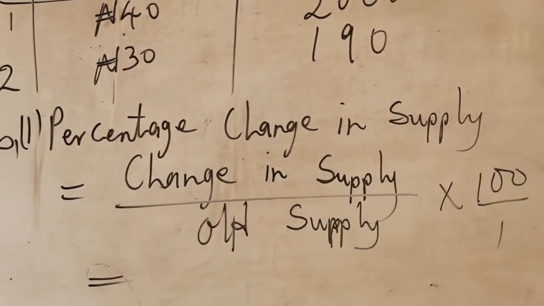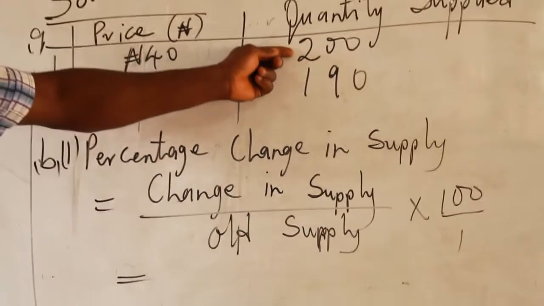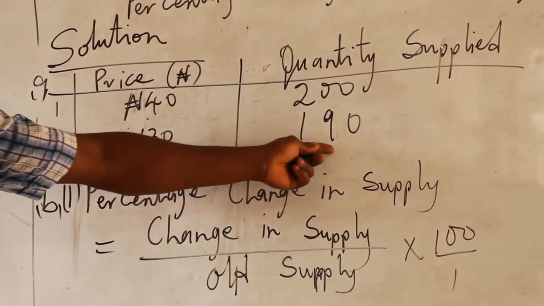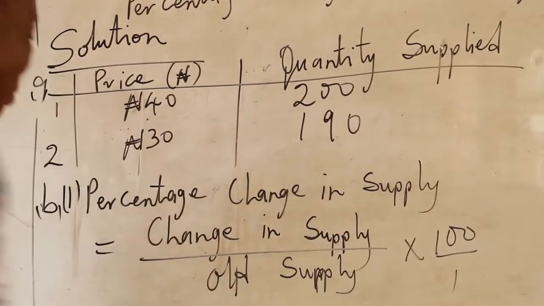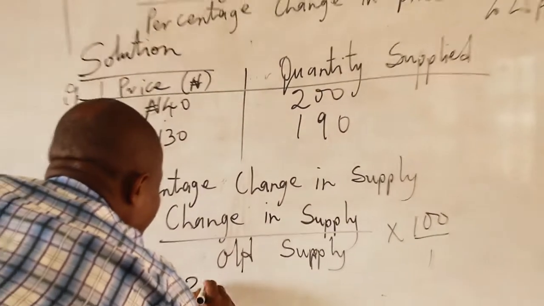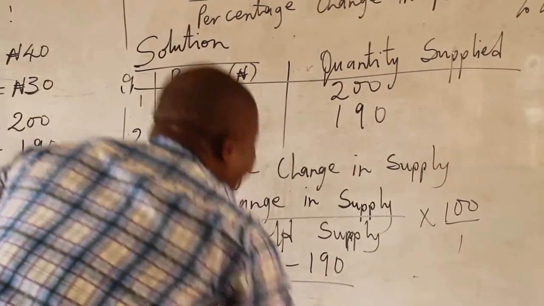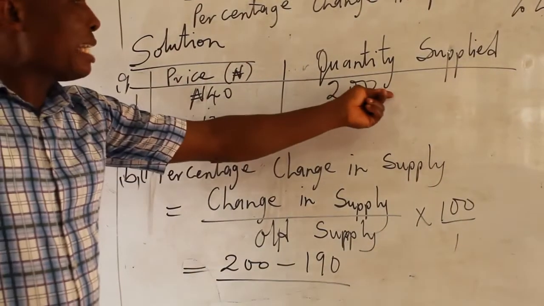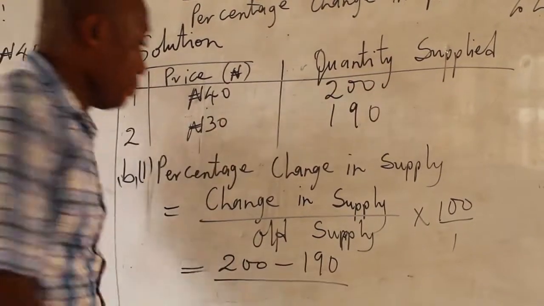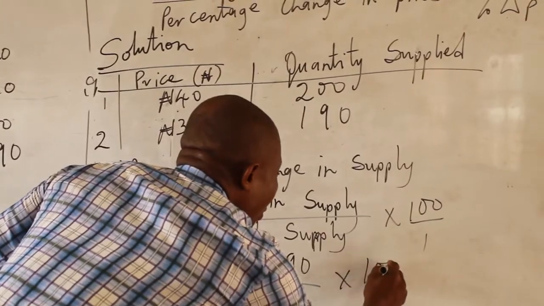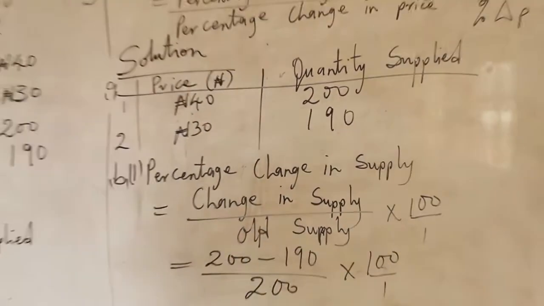And what do we have? Here, 200 was supplied in 2018, and in 2019, the supply reduced to 190. What we are now going to do is to say 200 minus 190 divided by 200, which still remains our old supply, times 100 over 1.